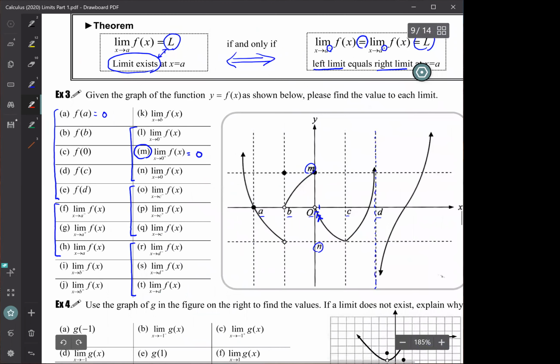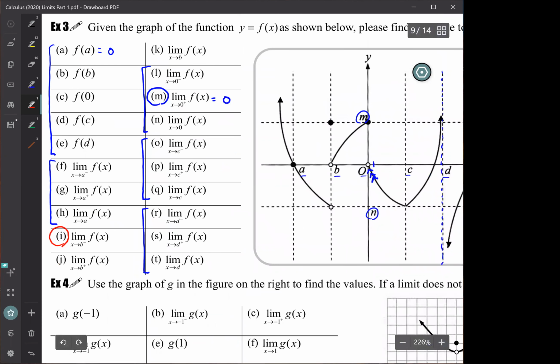Let's say I want to do question I. Let's go over I together. For question I, are we approaching B from the left side or right side? The left. So you look at B as the center. You see I'm drawing a red line.